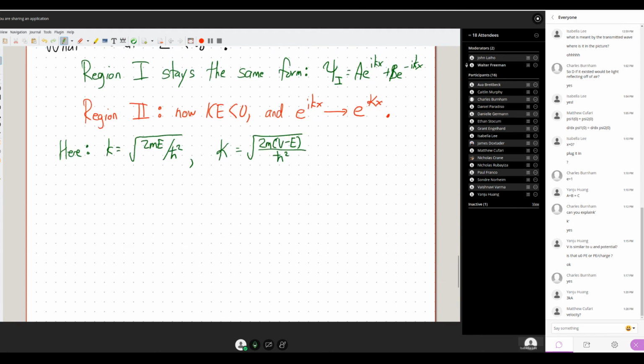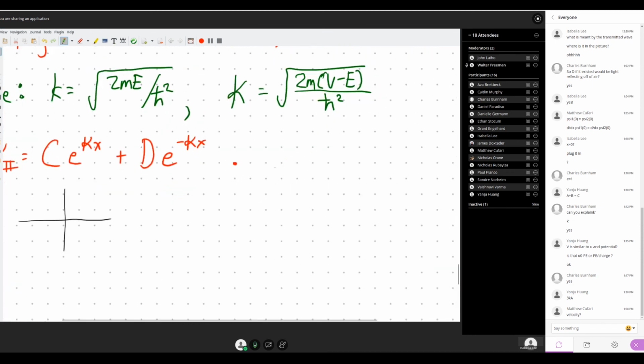So now psi 2 is C e to the kappa x plus D e to the minus kappa x, right? And these are functional forms that you know. You've seen these functions many times.